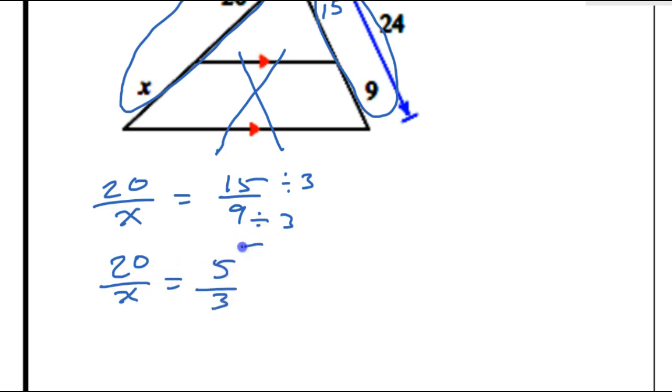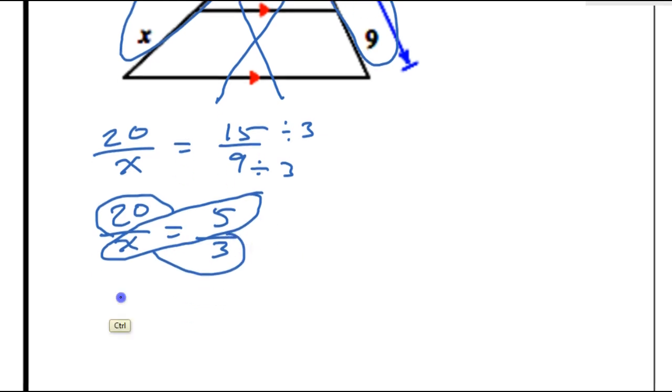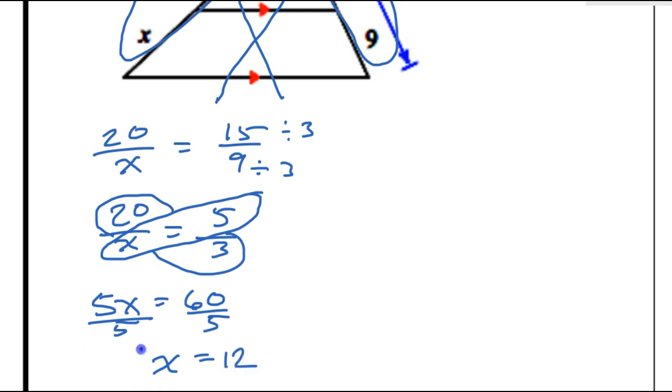And then I would cross multiply. I will do that diagonal, and then this diagonal. So that's going to give me 5x is equal to 60. And then I will divide both sides by 5, and I will get x equals 12.